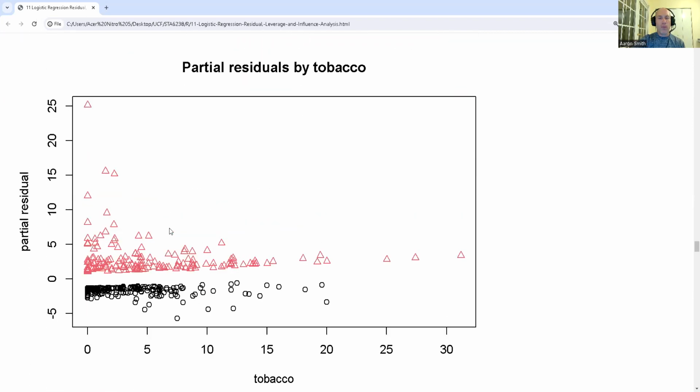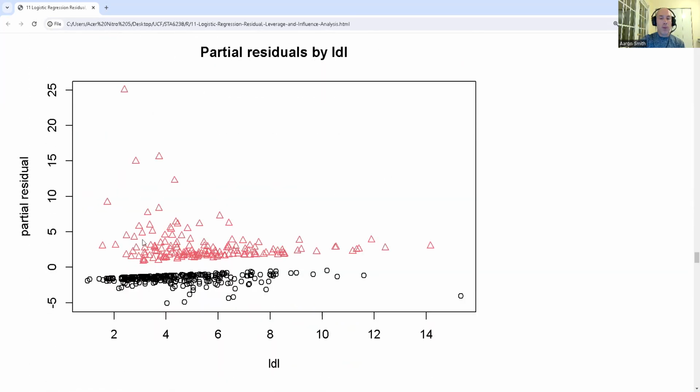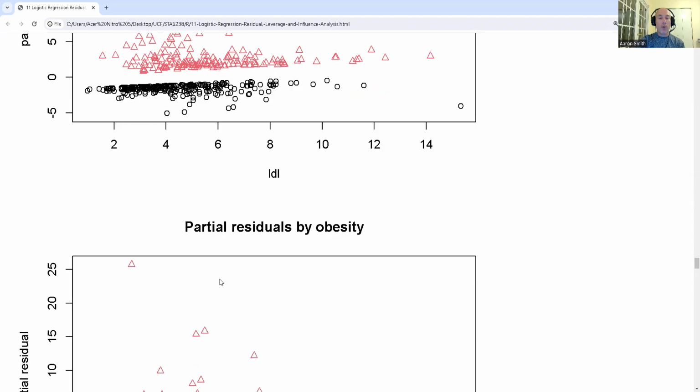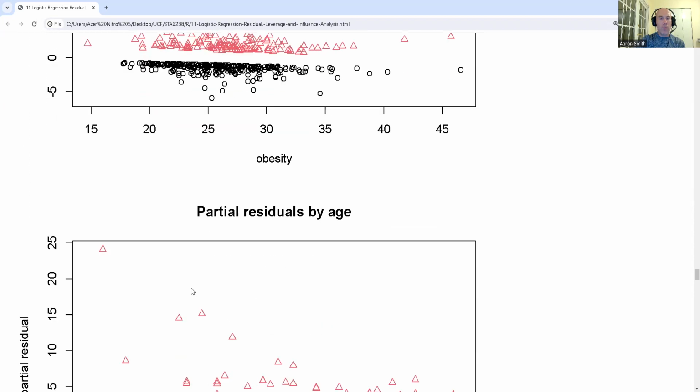All right, so here I see a curvature. So maybe I would want to consider a quadratic possibly off of this. I see, once again, maybe there's a curvature here. Maybe I would want to consider a transform on cholesterol. Obesity, I'm not seeing anything that strong.